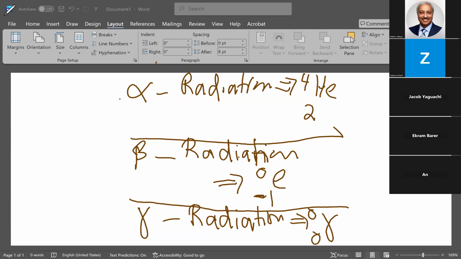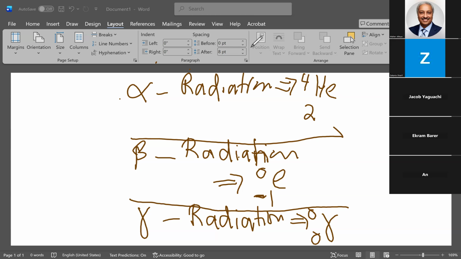So no atomic number and no atomic mass, 0, 0. And this is the symbol of it. So any questions so far? Any question? We have other ones as well, so we'll go through the other ones. Any question about those major 3 ones? Alpha, beta, gamma.